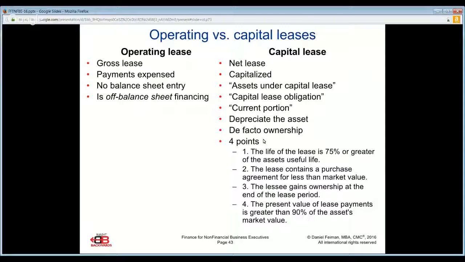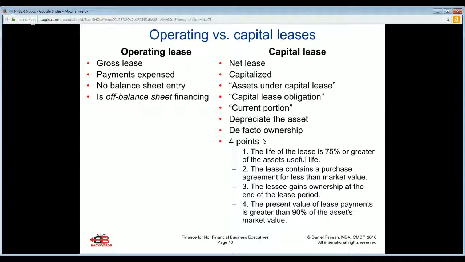Here's the good news, though. If we capitalize an asset, one of the ways we reduce the balance sheet value on the asset side is by actually taking depreciation on the asset exactly as if we owned it. So a capital lease is legally a long-term rental agreement, but it's as close to traditional financing or borrowing to finance the lease as possible.